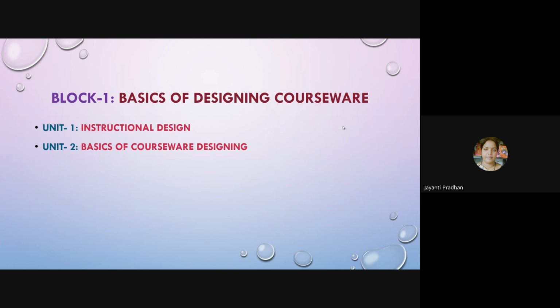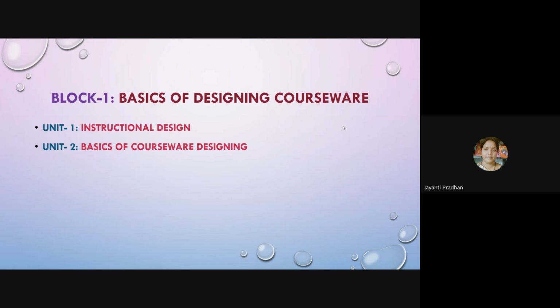In unit 4, development of courseware for the audio medium. In unit 5, development of courseware for the video medium. And in unit 6, development of reusable learning objects. Block 2 is specifically based on development of courseware using different media.